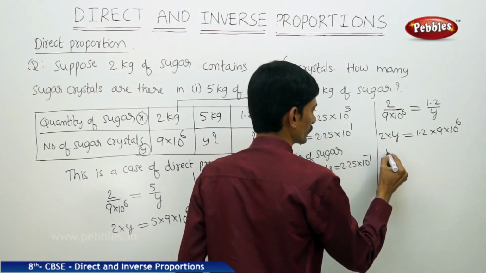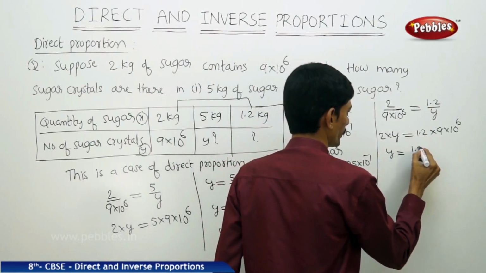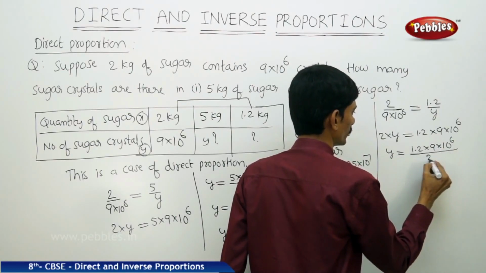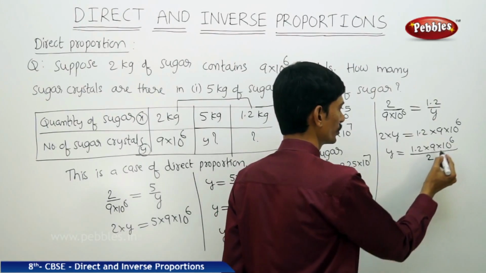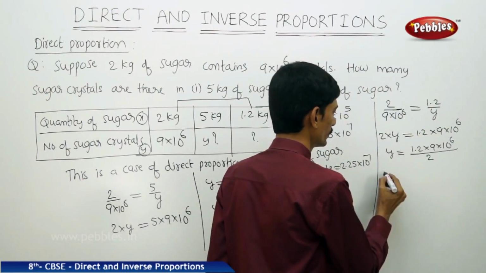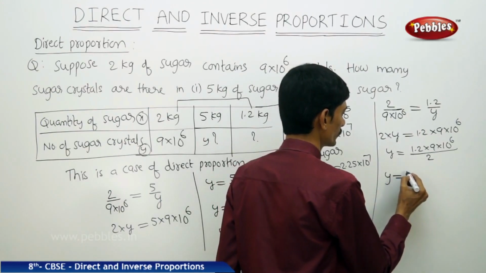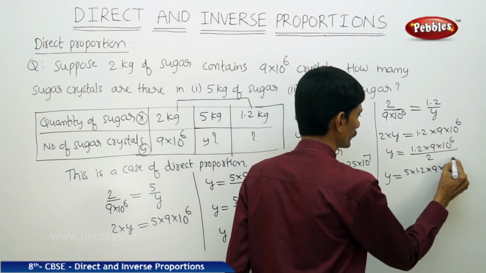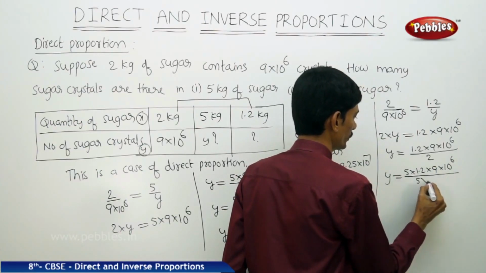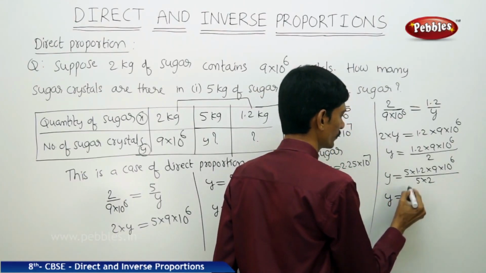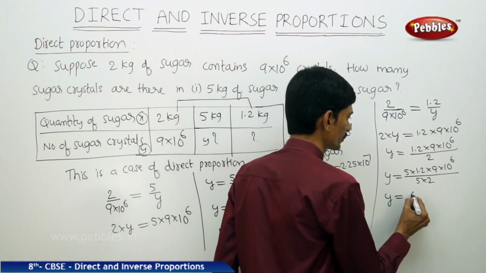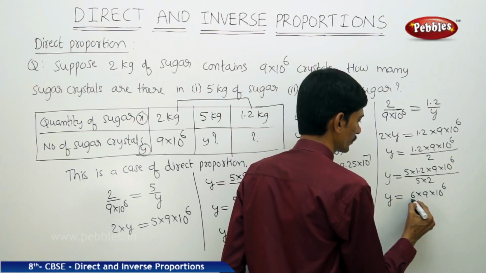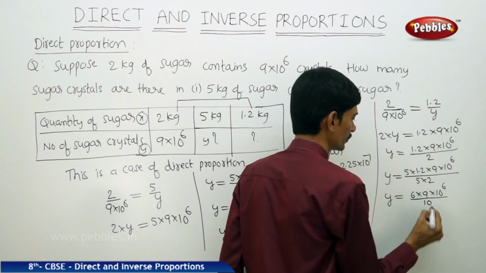Now y equals 1.2 into 9 into 10 to the power of 6 by 2. So here also if you multiply both numerator and denominator by 5, then we get y equals 5 into 1.2 into 9 into 10 to the power of 6 by 5 into 2. Now y equals, 5 into 1.2, 6 into 9 into 10 to the power of 6 by 5 twos are 10.